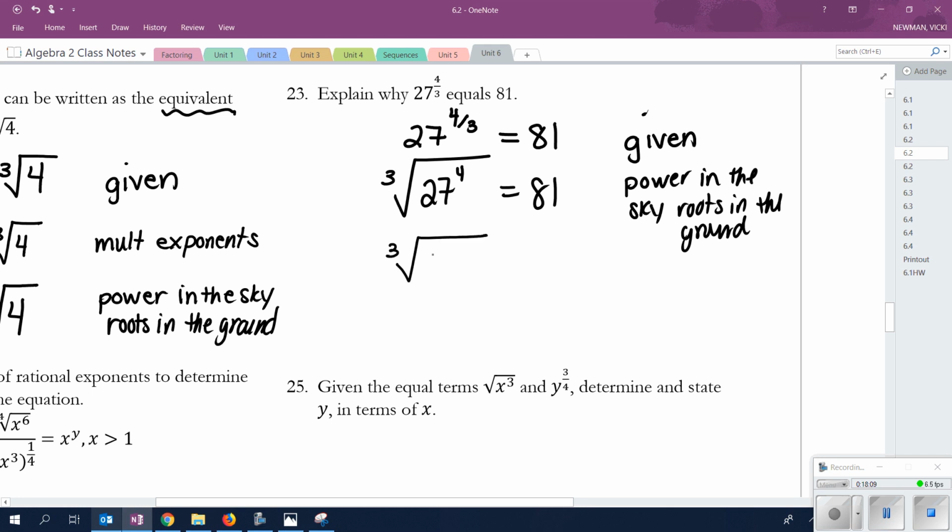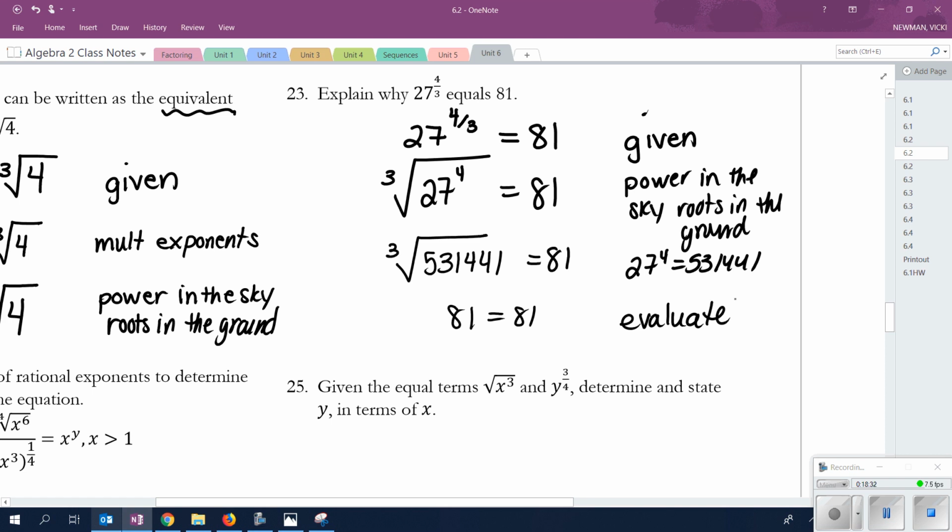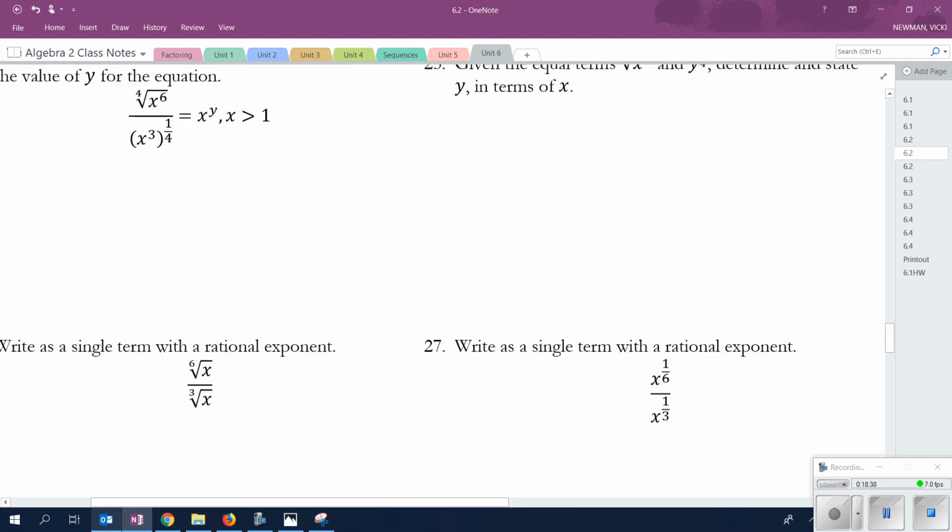What is that? Yeah? I mean, really, right? And then 81 equals 81. And I would just say evaluate. You've already told me what you knew about exponents at that point in time. So let's go to some more complicated looking ones.